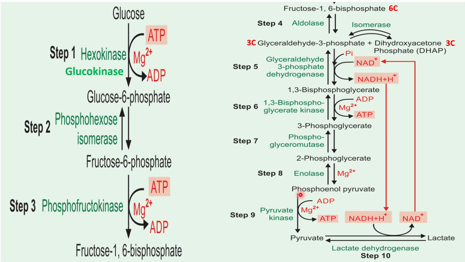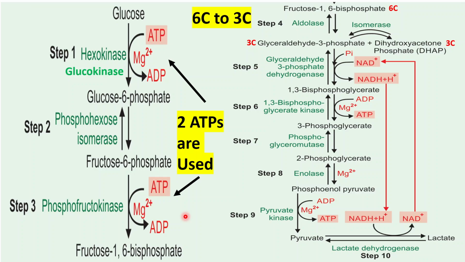So if you look at the major outline of the pathway, we have glucose here, which is metabolized and ultimately converted to pyruvate or lactate. In this process, 2 ATPs are used. One ATP is used here and the other ATP is used here. So glucose uses 2 ATPs, undergoes phosphorylation, and ultimately we get formation of 3 carbon compounds.